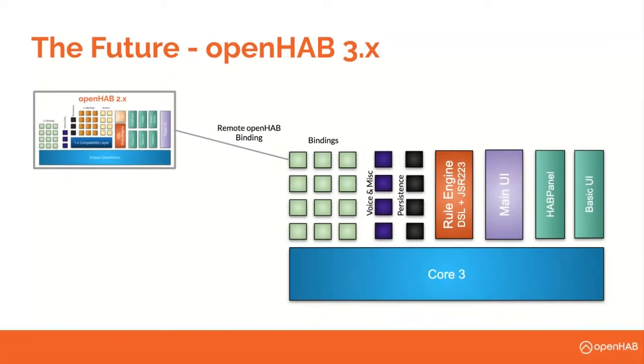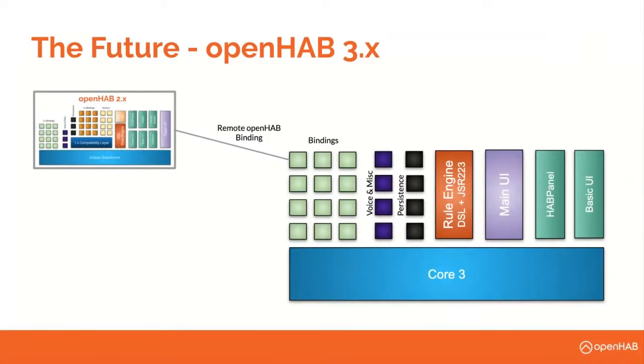And the idea here is to allow people to still run an openHAB 2 instance with the specific bindings and things that they need on that, but integrate that into an openHAB 3 environment completely and smoothly, so that you can more or less have the best of both worlds and have an easy transition here.